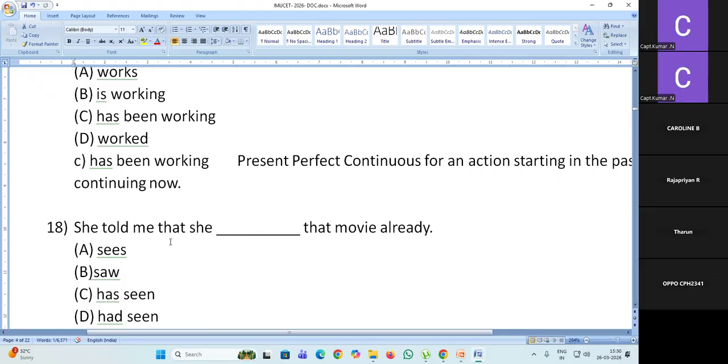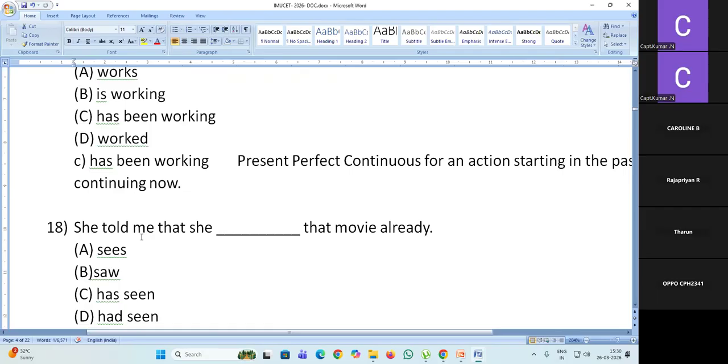She told me that she dash that movie already. Here, already is used. So what tense is it? Had seen. She had seen. See, not only that, it is not a simple sentence, it is indirect speech.